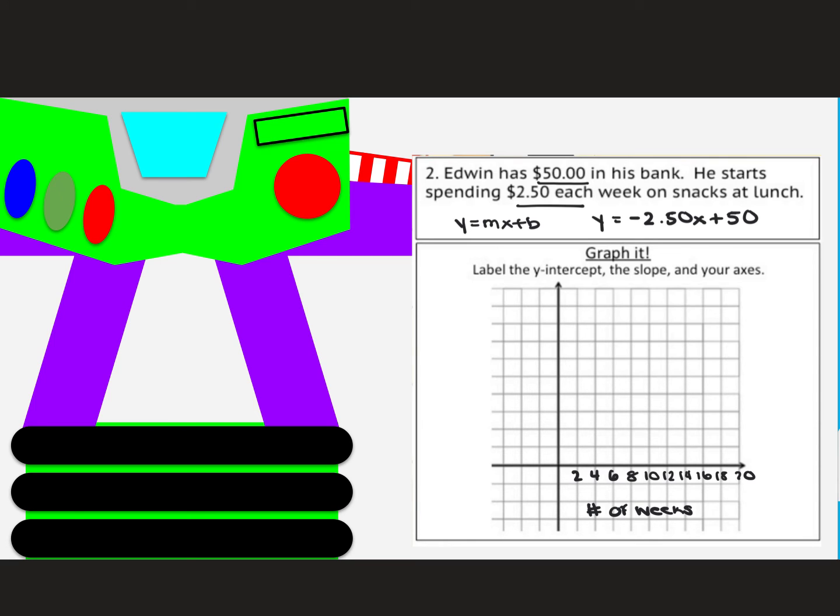And then for our y value, money in Edwin's account, or we can just say money in account. All right. So here, let's just go by fives. So we have 5.